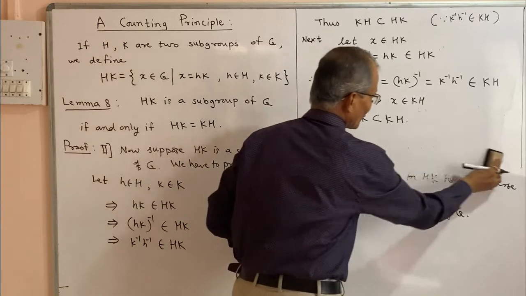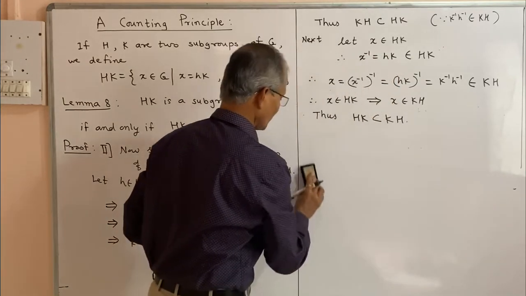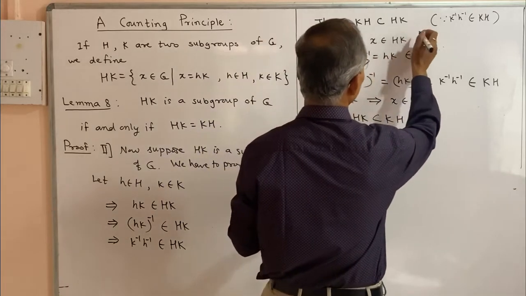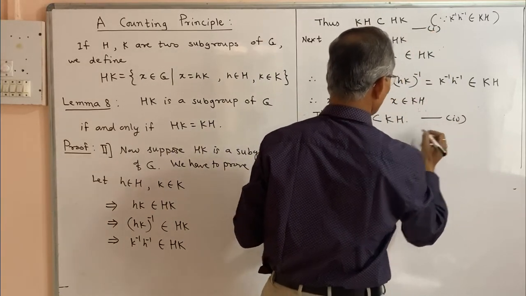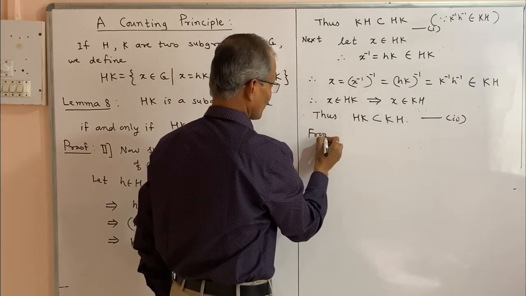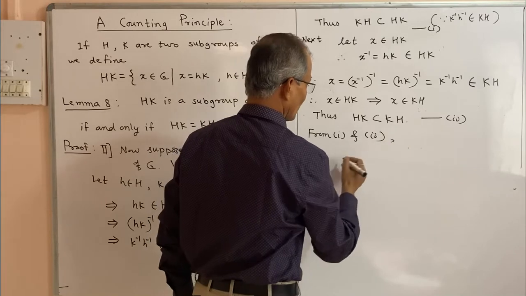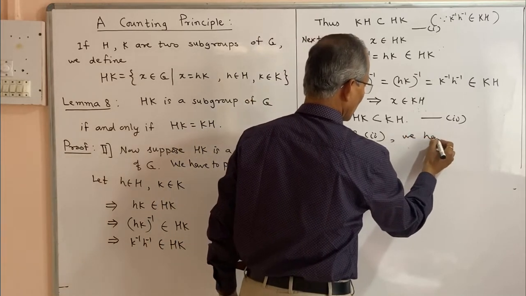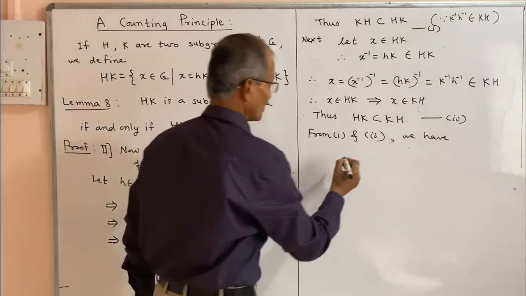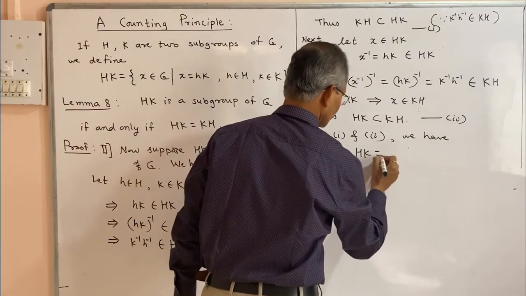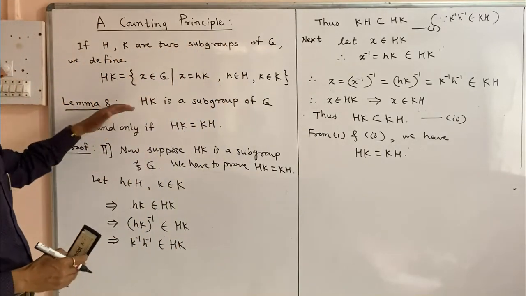And from these two results, you may consider this as 1 and this as 2, hence from 1 and 2 we have HK is equal to KH. Equality holds, and this completes the proof of the lemma.